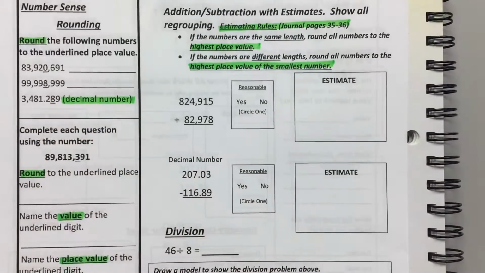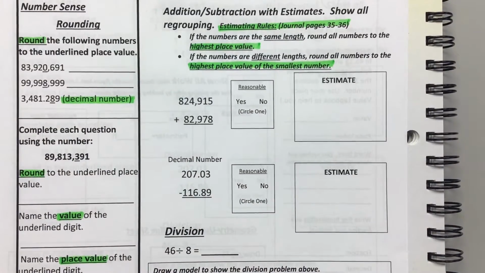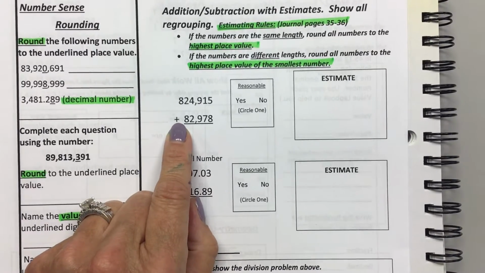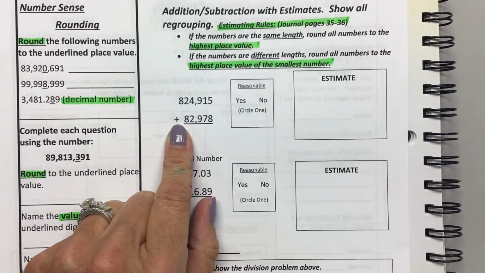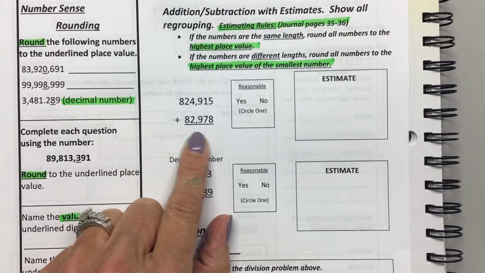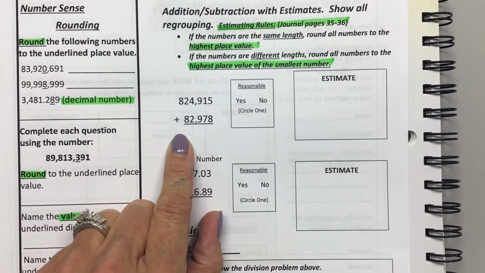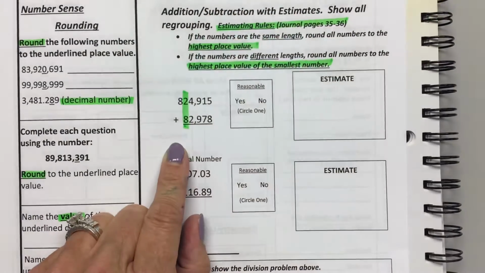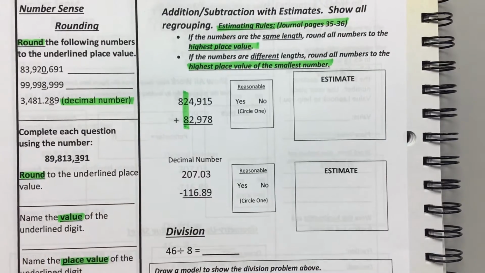We have to round both numbers to the same place value column. So we can't round to the 100,000s here because the second add-in does not have a 100,000s digit. What place value column will we round this to? Olive? The 10,000s. So go ahead and highlight that column so we know where we're rounding.